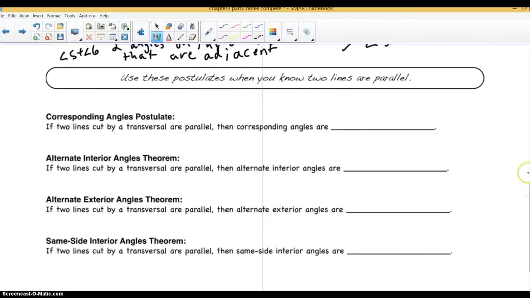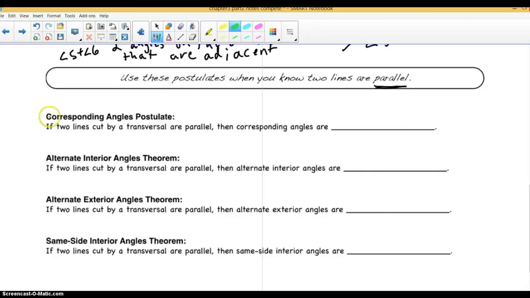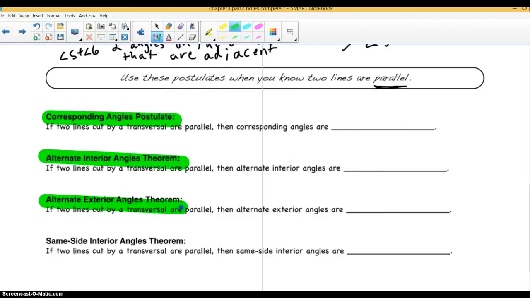So now that we have these angle pairs, we need to know how to use them. And they come in handy when we're talking about two parallel lines being cut by transversals. Now, the key to this is that the two lines have to be parallel for these statements to be true. So for corresponding angles, alternate interior angles, and alternate exterior angles, all three of these are congruent.